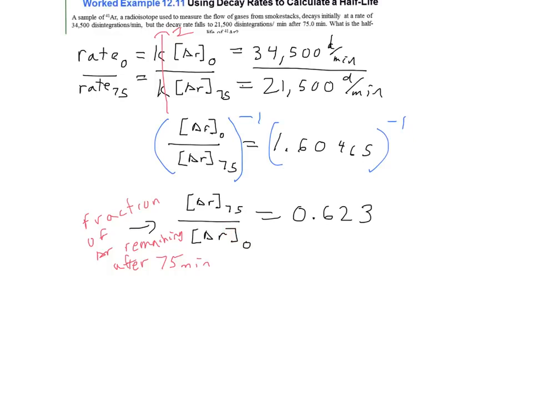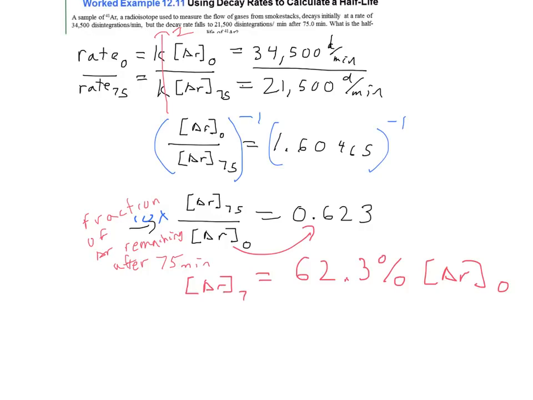If I multiplied that by 100 on both sides, that would give me a percentage. In other words, 62.3% of my initial amount of argon is how much argon I have left after 75 minutes.